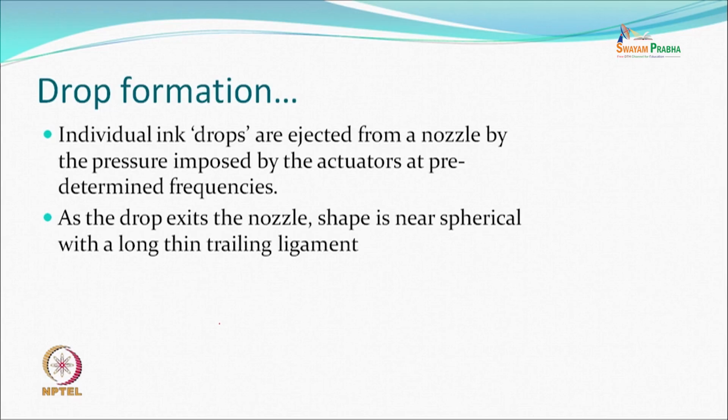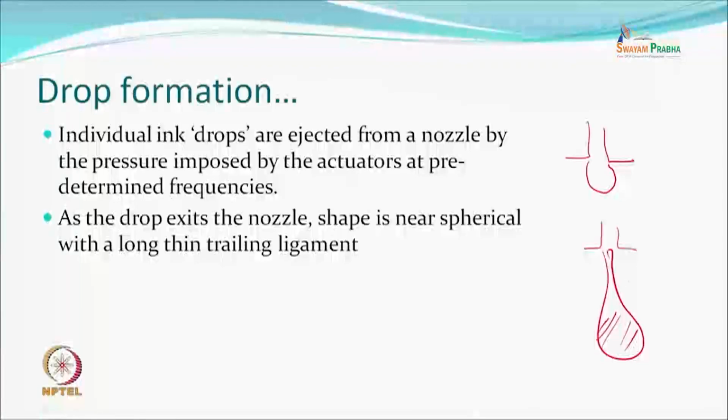As the drop exits the nozzle, the shape is near spherical with a long thin trailing ligament. For example, if this is the exit of the nozzle, the drop initially may come like this. As it moves further, it may have a spherical part with something extending, which we call a ligament.